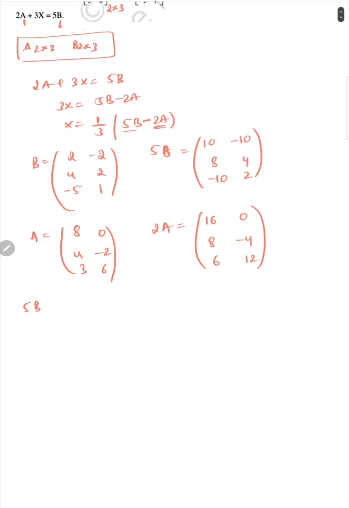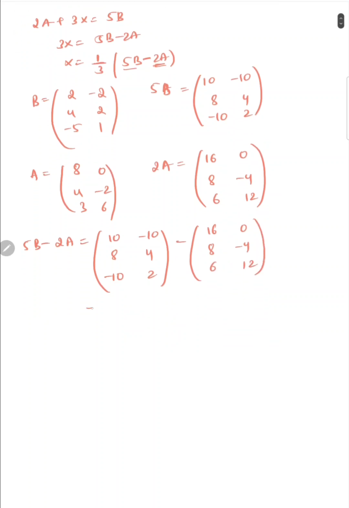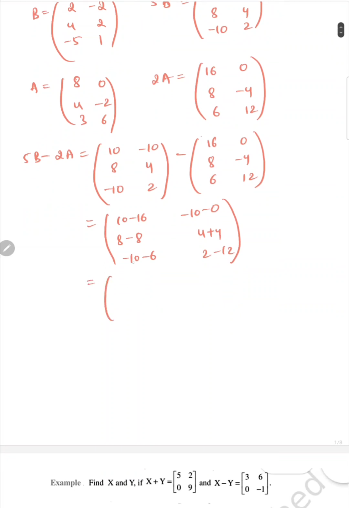Now 5B minus 2A: we have to find the difference of the corresponding elements of 5B and 2A. 10 minus 16 is minus 6, minus 10 minus 0 is minus 10, 8 minus 8 is 0, 4 minus of minus 4 means plus 4, that is 8, minus 10 minus 6 is minus 16, 2 minus 12 is minus 10.